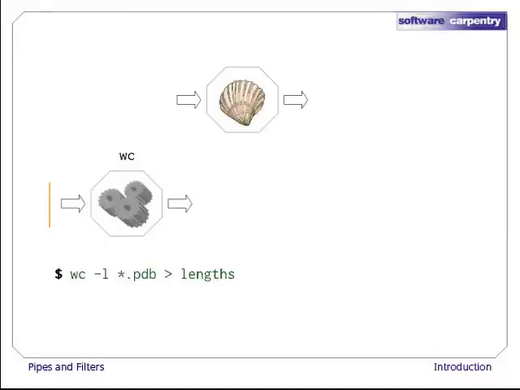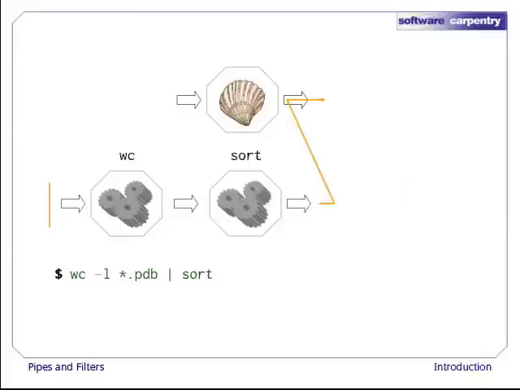Since we've provided some file names as arguments, wc reads from them instead of from standard input. And since we've used > to redirect output to a file, the shell connects the process's standard output to that file.